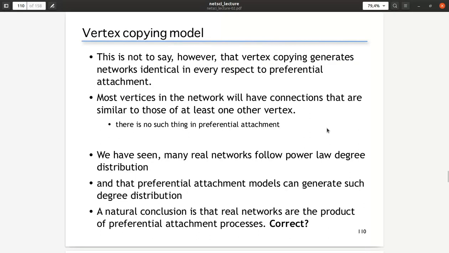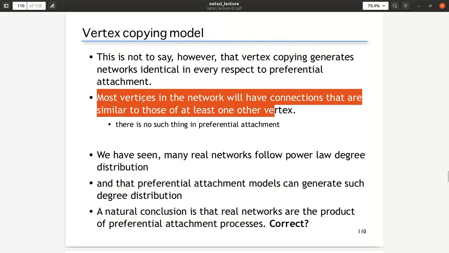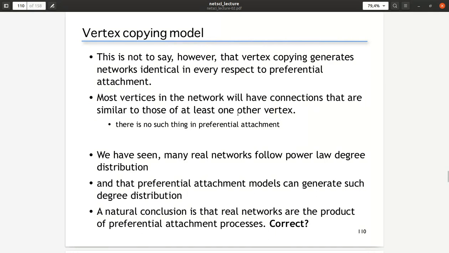Well, the thing is the following: in preferential attachment there is no such thing as this claim here, that most vertices in the network will have connections that are similar to those of at least one or the other vertex.